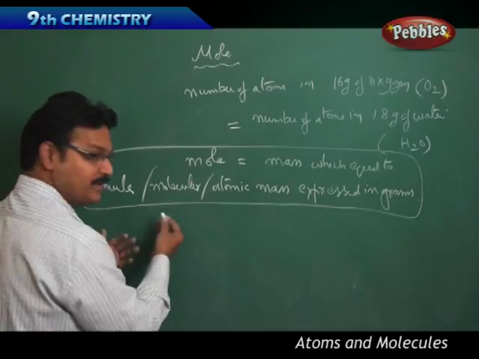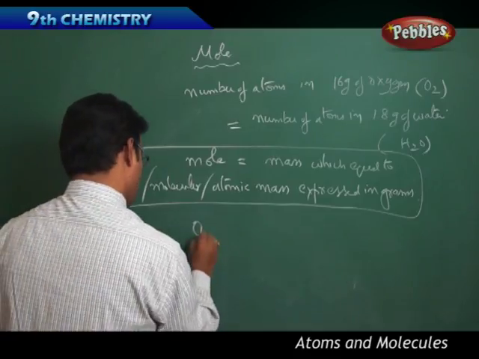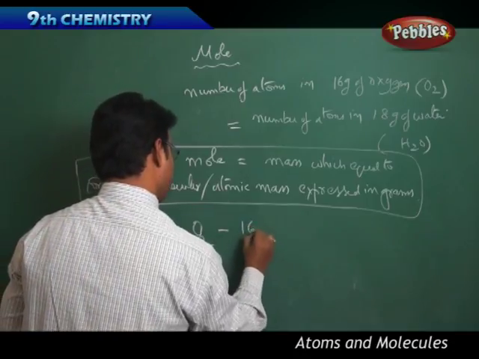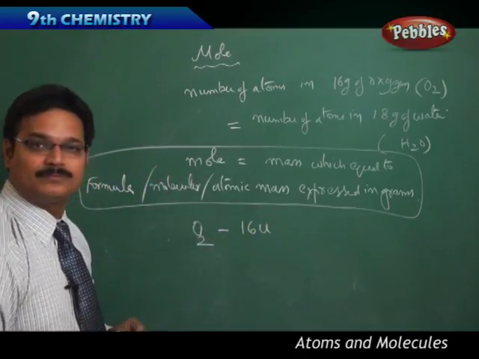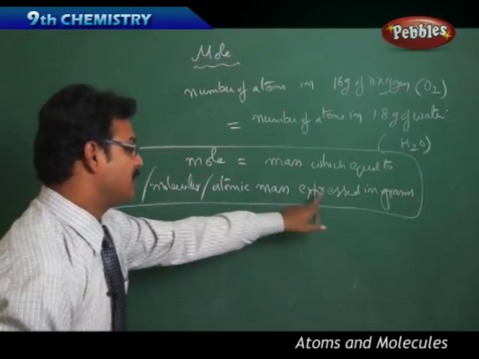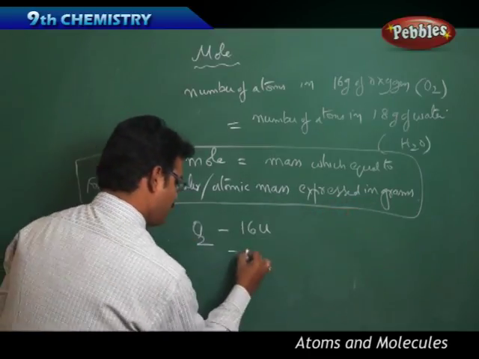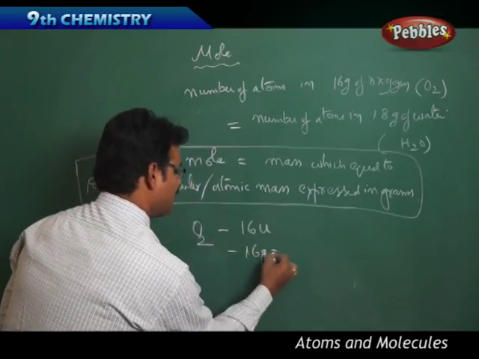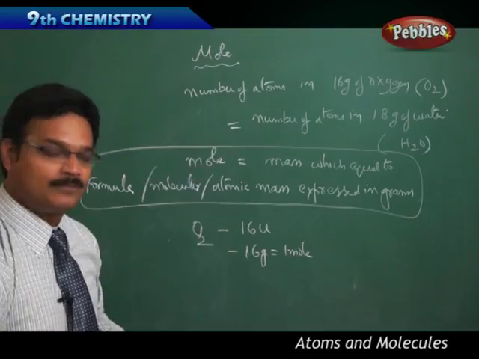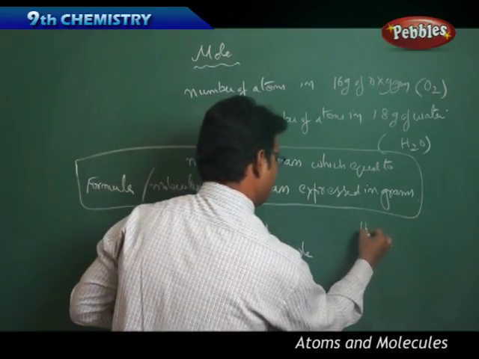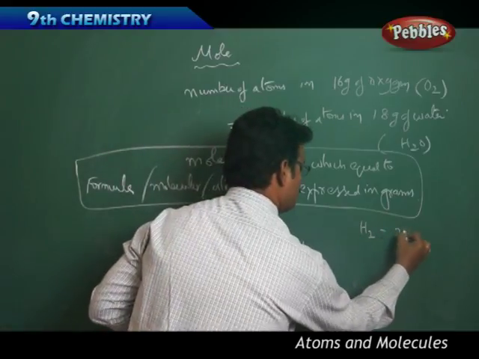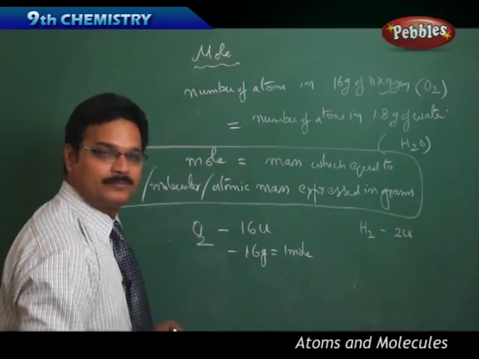If you see the previous example we discussed, O2 if you take, its atomic mass is 16 u. But if you express that in grams, 16 u becomes 16 grams. Then 16 grams of O2 is nothing but 1 mole. Suppose you have hydrogen, H2 molecule, with atomic mass 2 u.